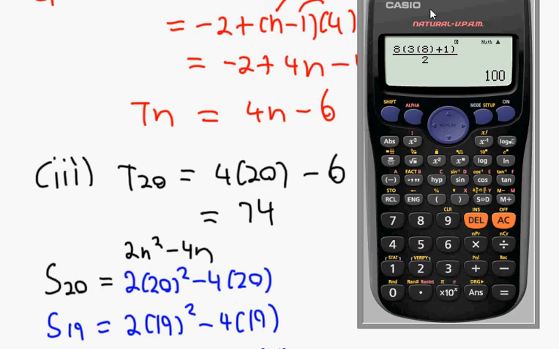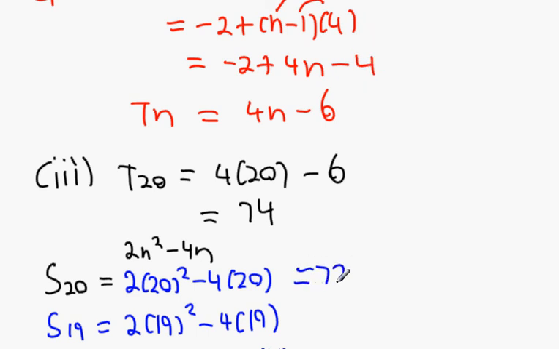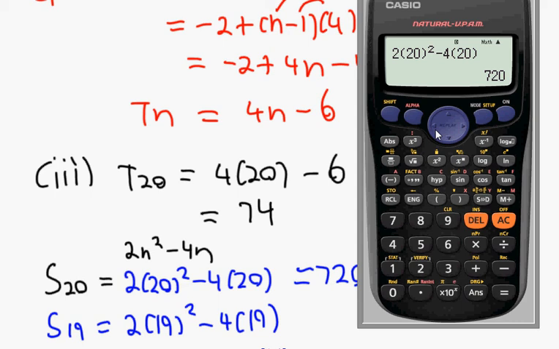So you have to use the calculator twice on this. 720 minus 6... the first one's 720. What's the second one? 656. A shortcut to doing that again would be just to replace all 20s with 19 for the second one.